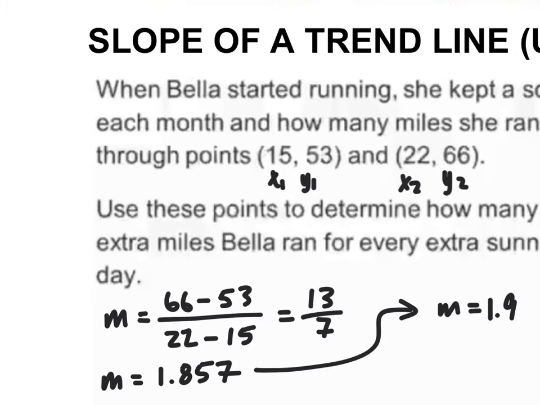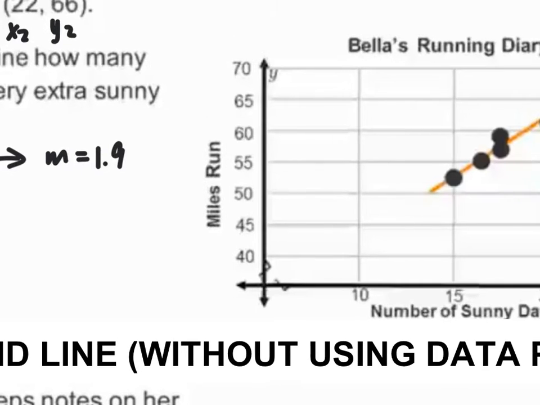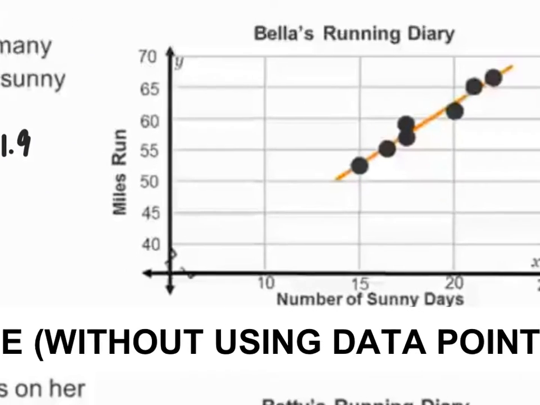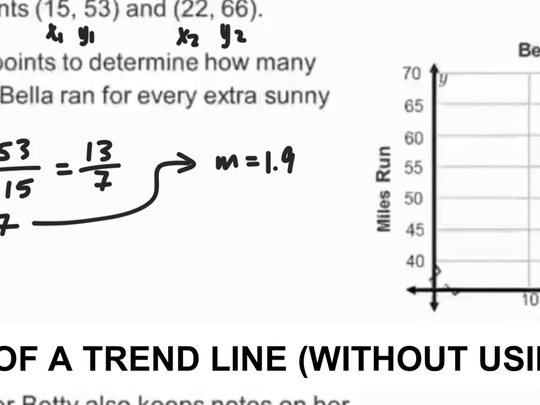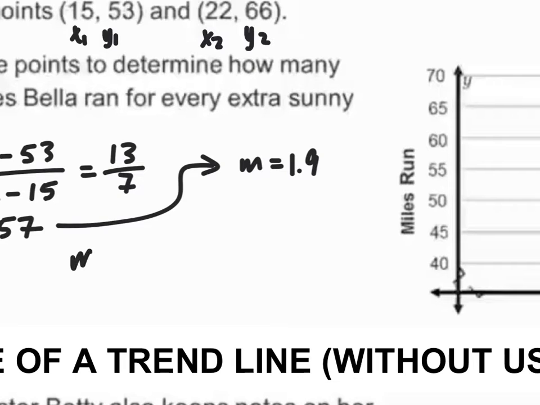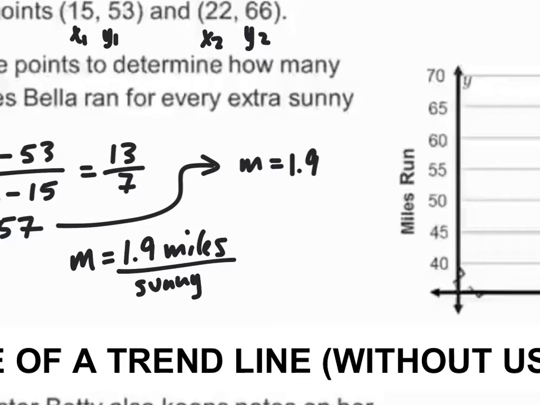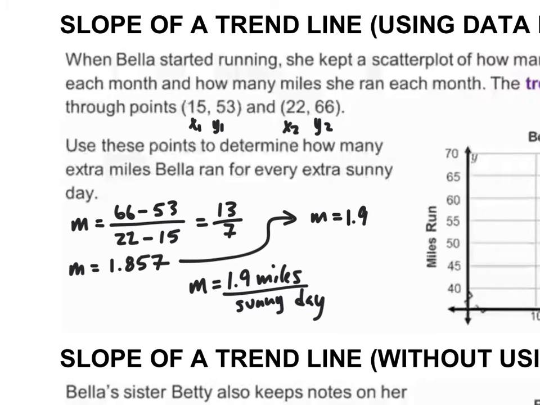Okay, so now what does the slope mean? Now remember, when we're talking about slope, we want to use our labels to help us identify what this is going to mean. So we've got miles run and we've got number of sunny days, okay? So when I write this out, this is m equals 1.9 miles per sunny day, okay? And that's how I have to look at this. And now this allows us to answer the question, use these points to determine how many extra miles Bella ran for every extra sunny day.